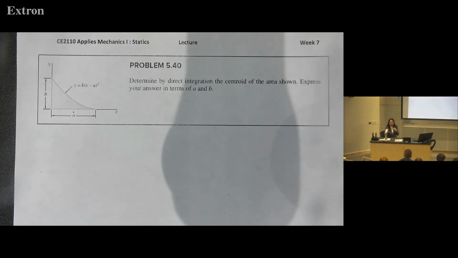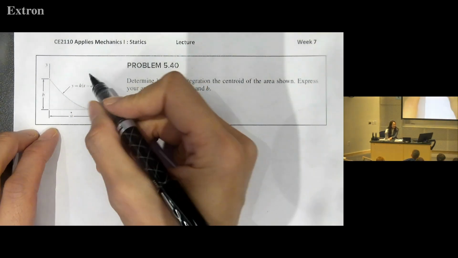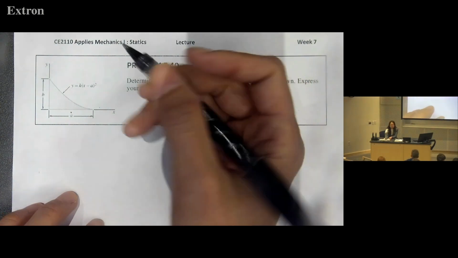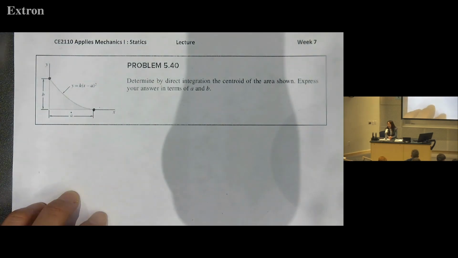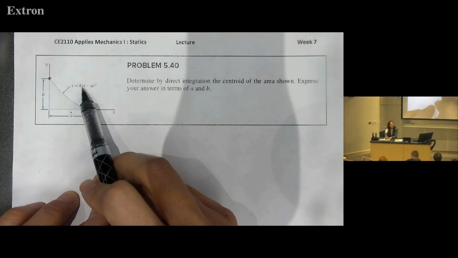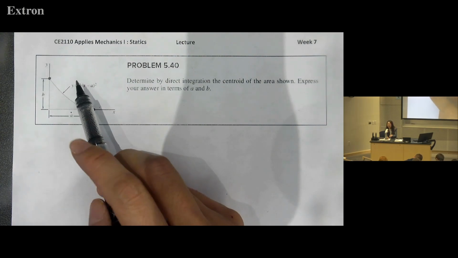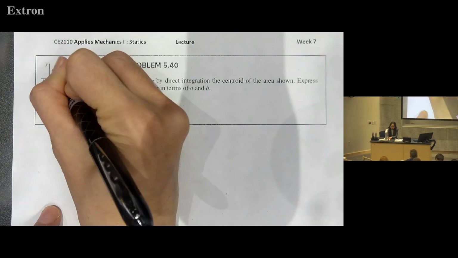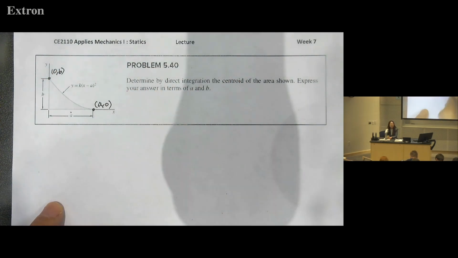So the first step is eliminating k. How can we do that? We can use some of the known points and substitute them in this equation to find out the expression between k and A and B. So we can use either 0 comma b or a comma 0 in this function.